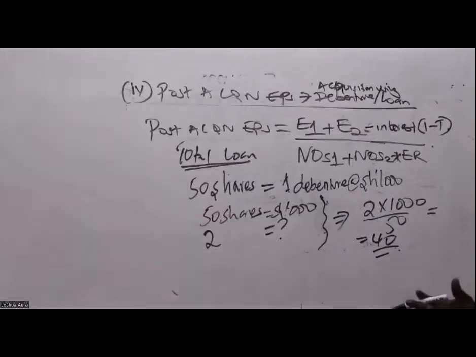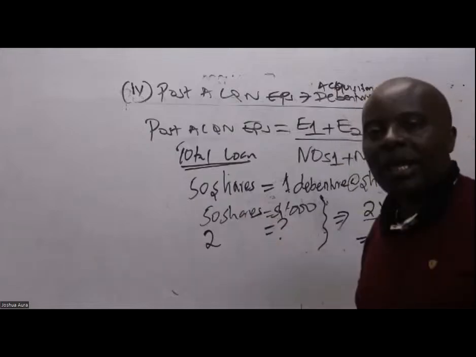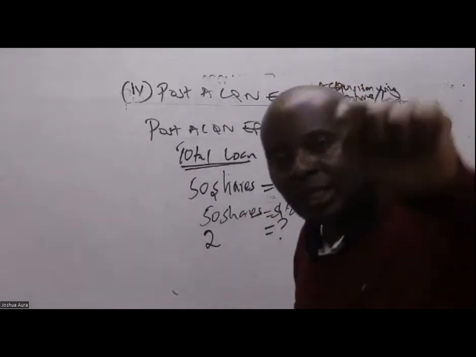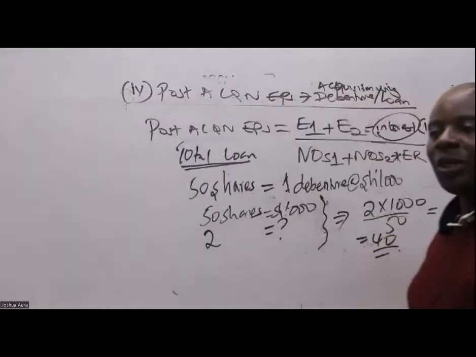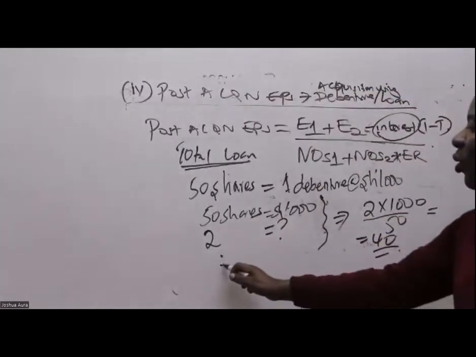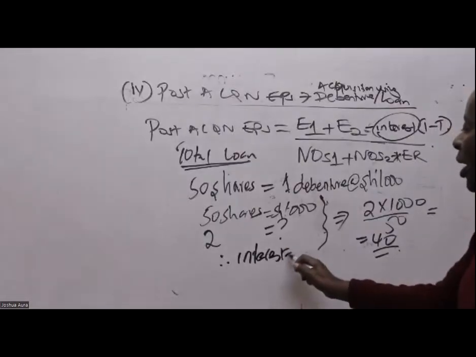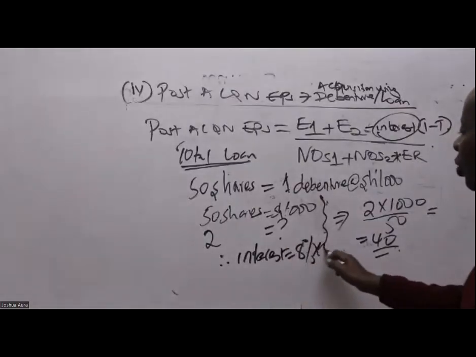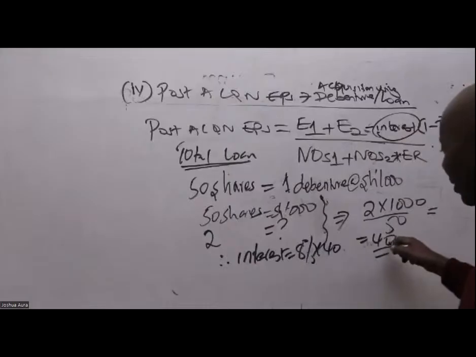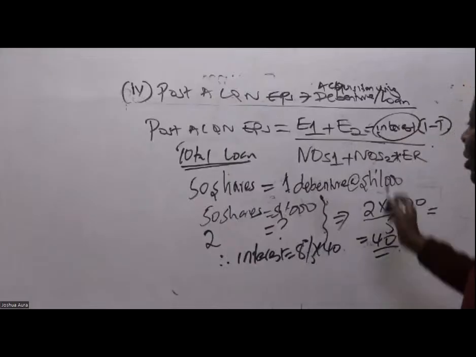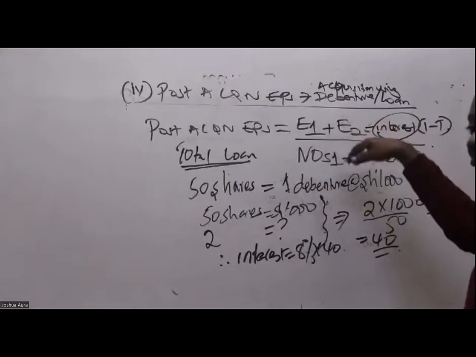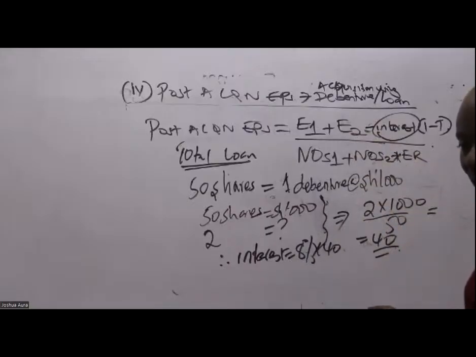What I am after is the interest. Have they told me the coupon rate of interest? In the question, what is the interest rate? Therefore, interest payable will be 8% of the total loan. I know the loan is 40 million, but all these figures don't have the millions, minus those zeros.